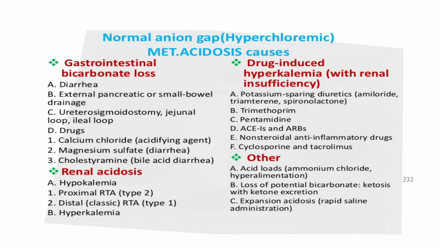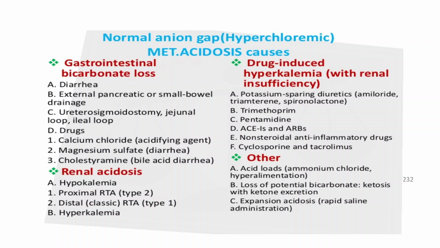Renal acidosis also can be due to renal pathology of different sorts, either proximal renal or distal tubular acidosis can occur, or hyperkalemia also can reduce. Drug-induced hyperkalemia. Hyperkalemia often results in metabolic acidosis, which could be due to drugs like trimethoprim, pentamidine, or ACE inhibitors, which are used in the treatment of hypertension.